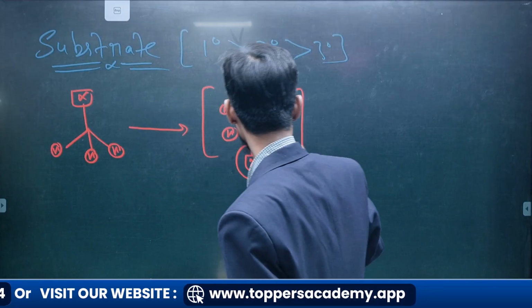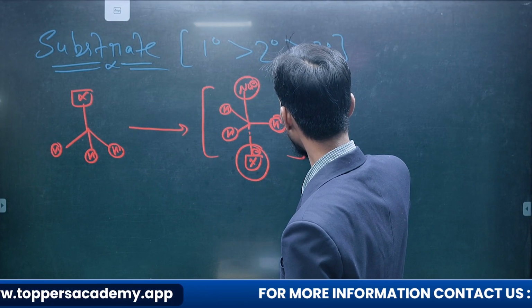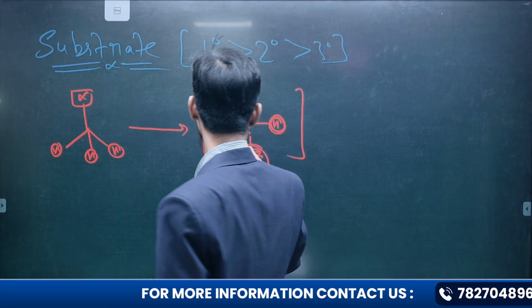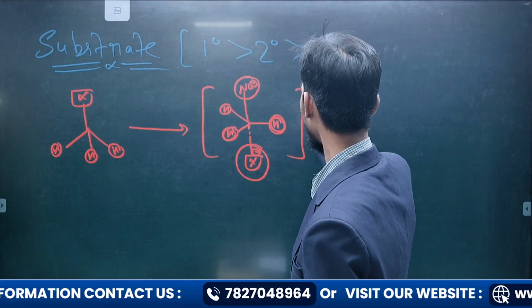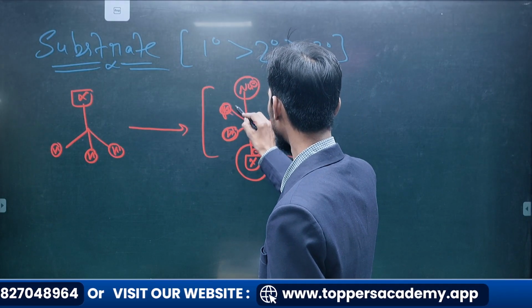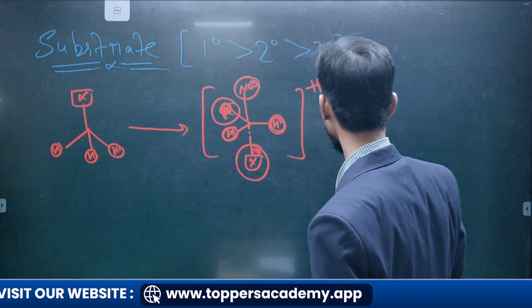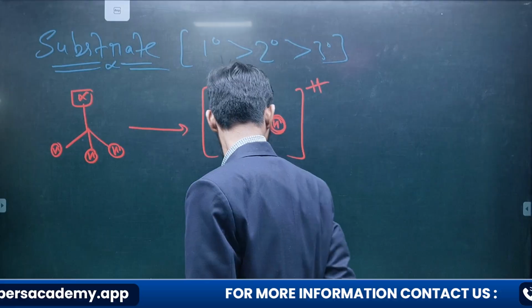So it will prefer this 5-member transition state, which has less crowding. If it is 1 degree, the transition state is more stable. If 2 degree, we will have R, which is a bigger group, so more steric crowding, and 3 degree has even more steric crowding.